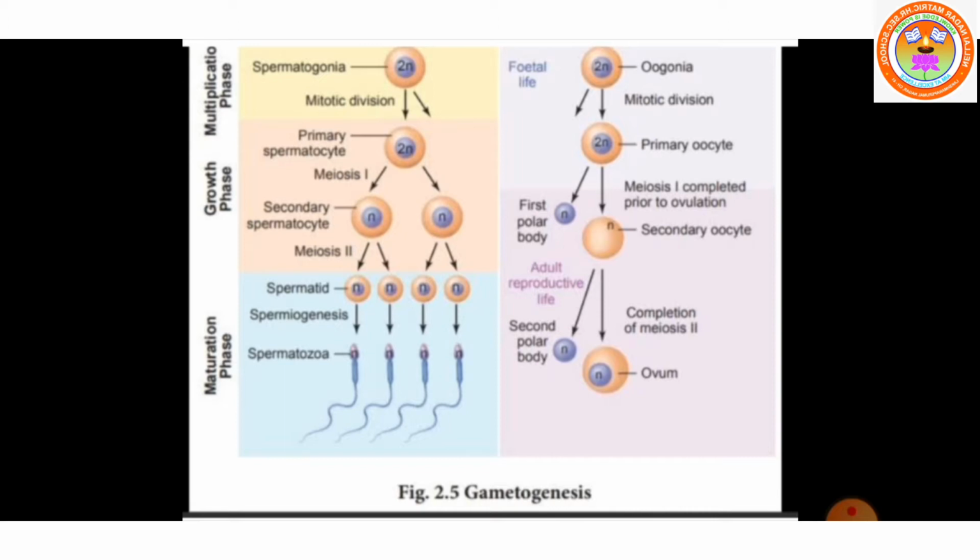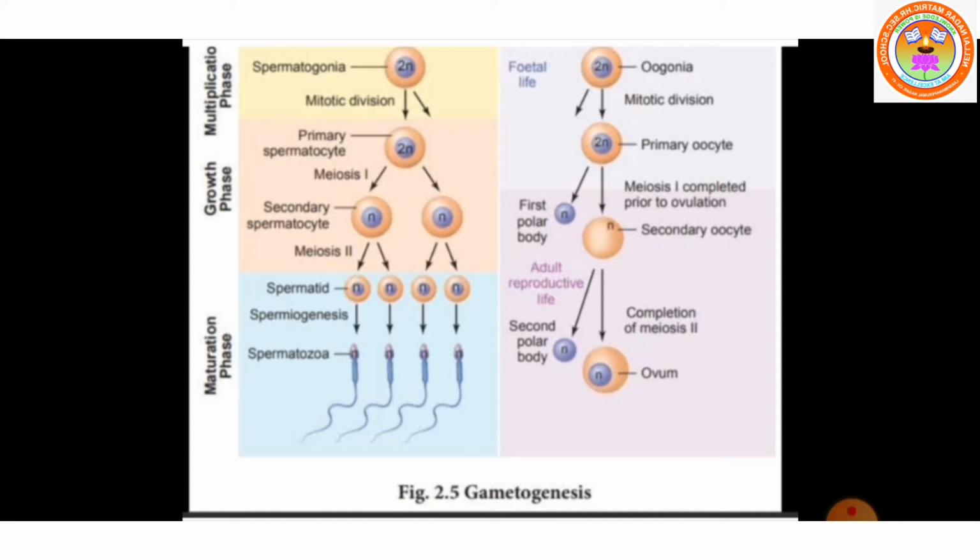Now the secondary spermatocytes undergo meiosis 2 and form 4 haploid spermatids. Then spermatids produce spermatozoa by a process called spermiogenesis. So in this way sperm production takes place in the primary male sex organ, testis. So it is said to be spermatogenesis.